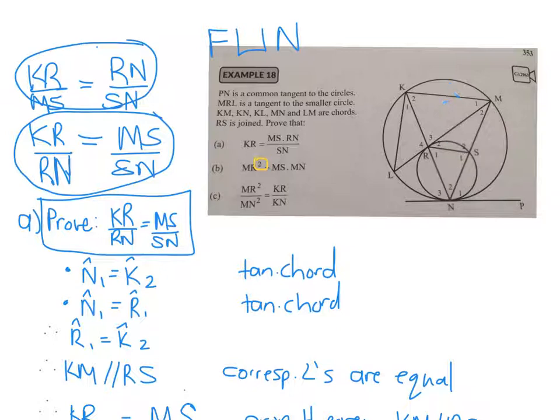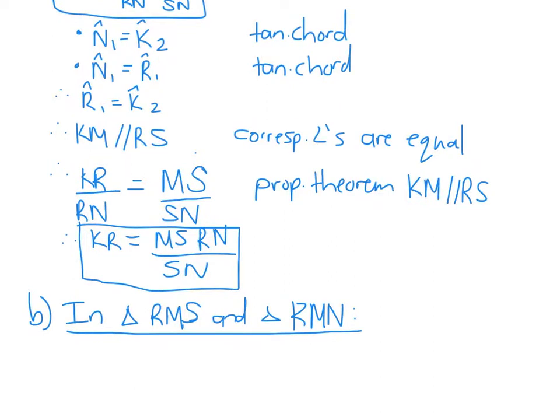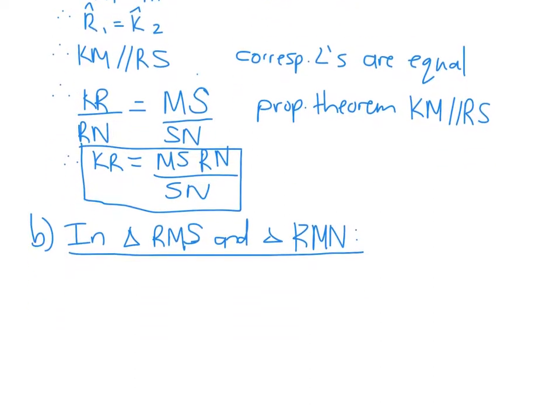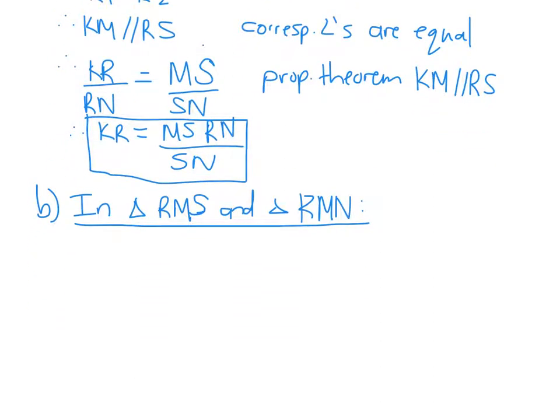Okay, so let's have a look. Let me just move this up a little bit. So, I know that angle M2, I usually start with a common angle if I can.